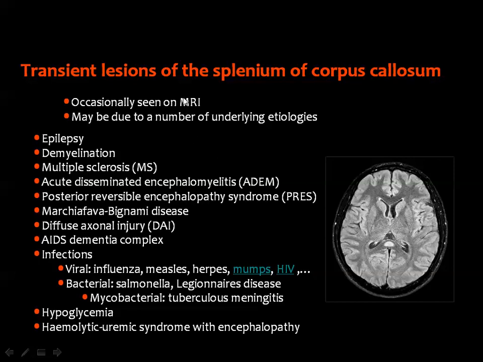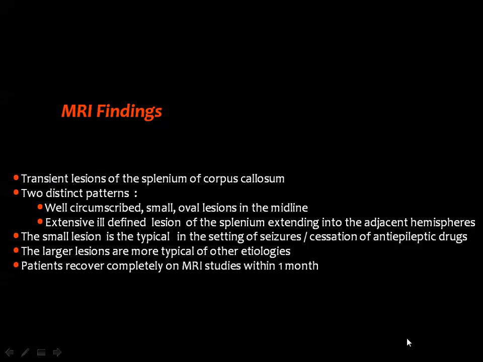Occasionally seen on MRI, it may be small or large, and may be due to one of these etiologies, like epileptic patients, patients with demyelination, multiple sclerosis, acute demyelinating encephalomyelitis, posterior reversible encephalopathy syndrome, and a lot of underlying conditions.